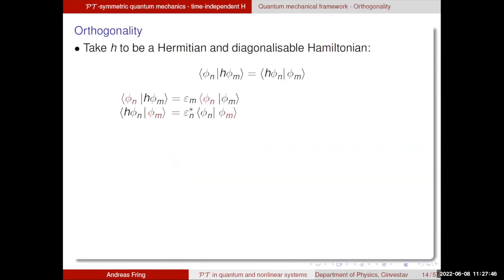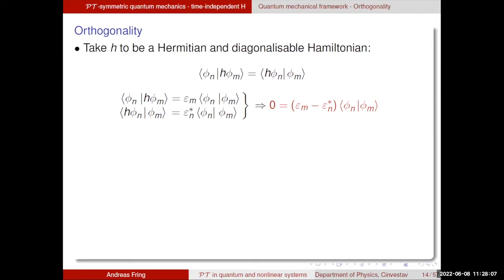So first argument, here's the simple argument you can find in any textbook that guarantees you orthonormality of your states if your Hamiltonian is Hermitian. So Hermiticity means here a symmetry relation, that I can pull my Hamiltonian from the left to the right if you like.